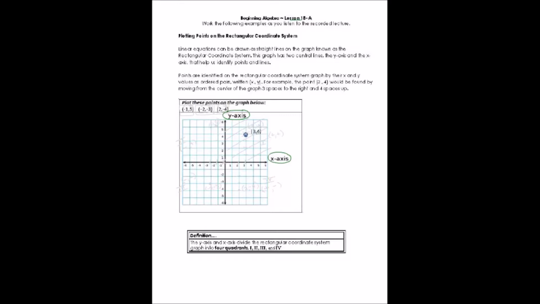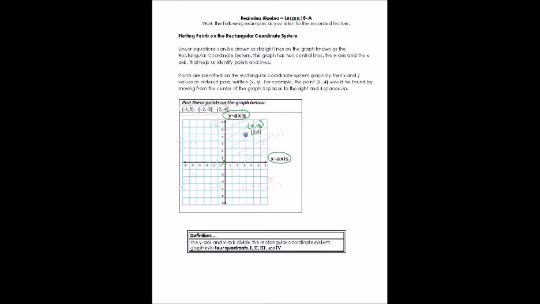For example, let's take the point 3, 4, which has already been graphed for you. How did we find it? Well, the x value is the 3, and the y value is the 4. So it's really like saying x comma y. We start from 0, 0, which is right in the middle of our rectangular coordinate system, and we count over in a positive x direction 3.